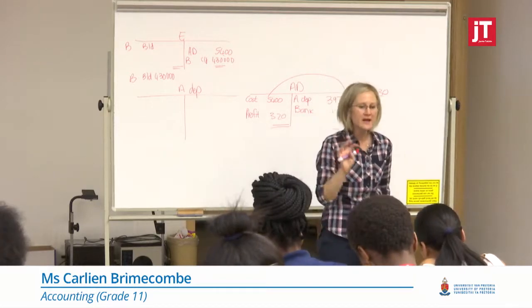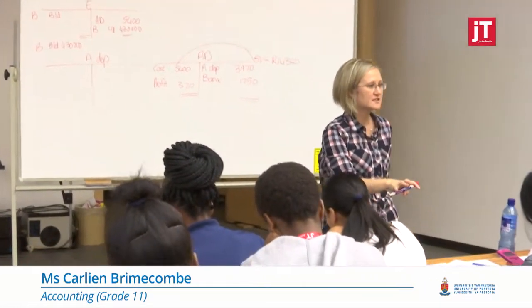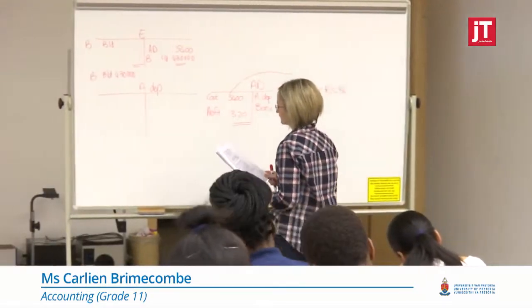So if you battle to do it directly on a T on your note, nothing prevents you from doing T accounts, especially with this one where there are some backwards calculations. So what is the balance in the beginning?